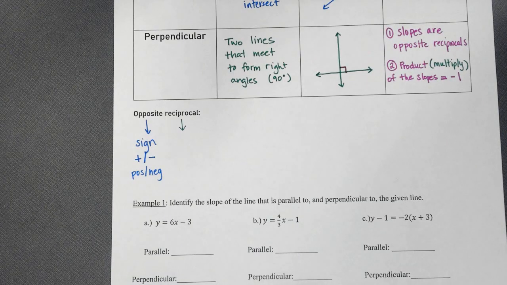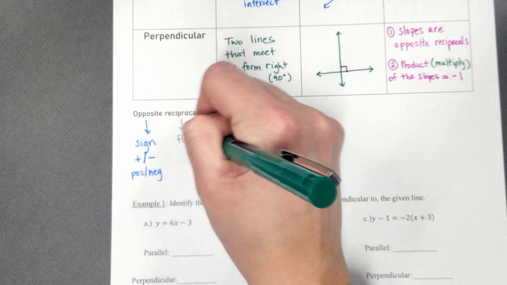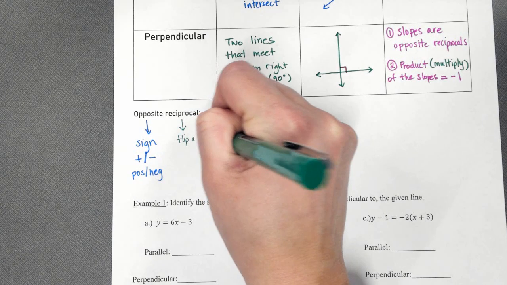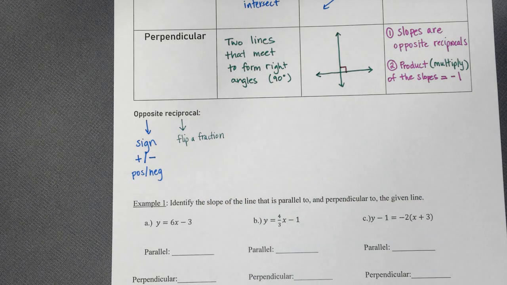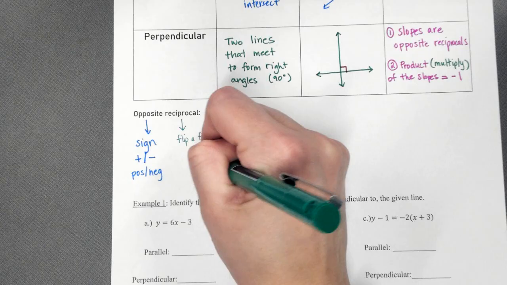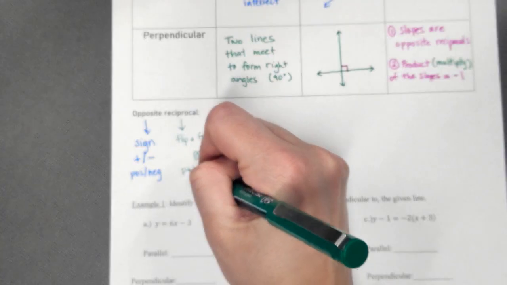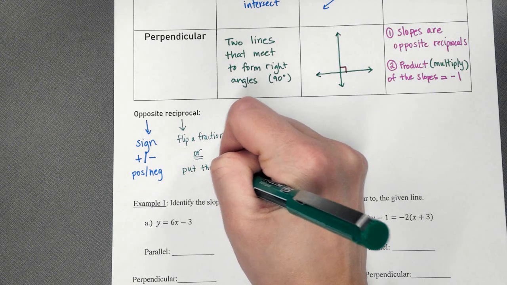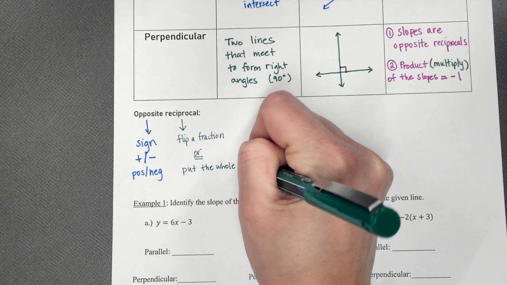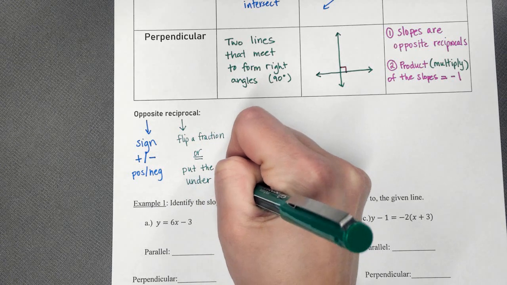So a reciprocal is what you get when you flip a fraction, or if it's not a fraction, you put the whole number under 1.